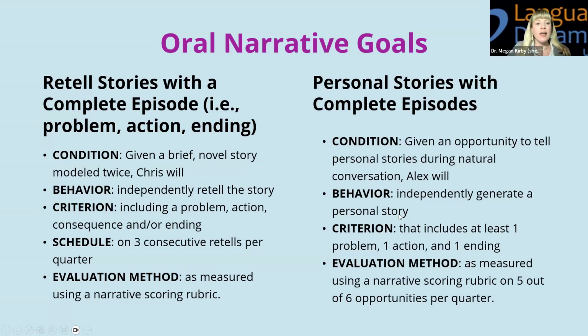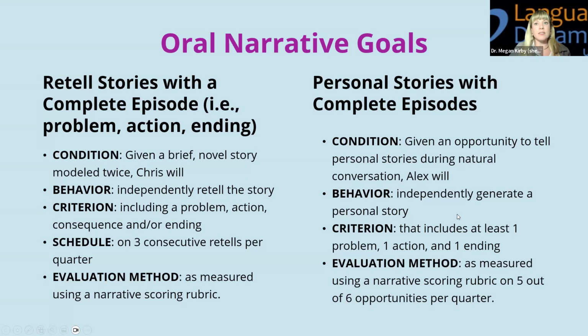This one right here: given an opportunity to tell a personal story during natural conversation. It could be with anybody. I'm going to measure, it could be with me. That was natural. Like, how was your break from school? Tell me what you did. Tell me about a problem that happened this past weekend. Or let's say a natural opportunity pops up between other peers. That's awesome. I can actually just observe it and record.